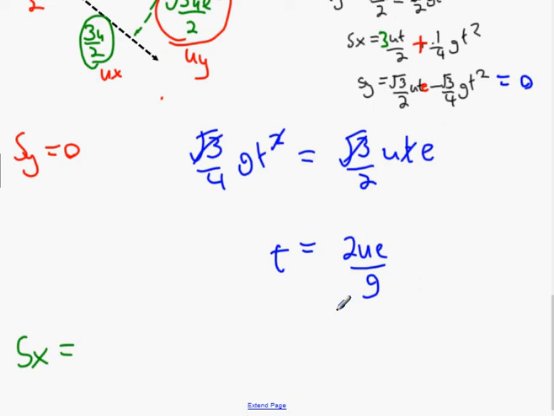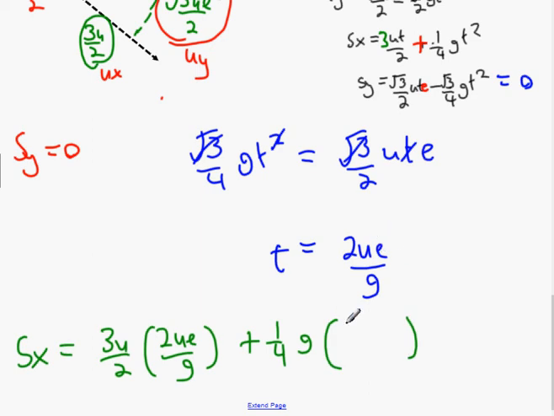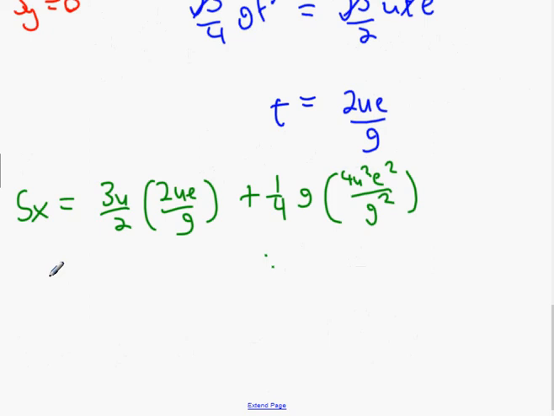Okay, so sx is a range. It's going to be 3u over 2 times t, which is 2ue over g, plus a quarter g. Now we're going to square this, and we're going to get 4u squared e squared all over g squared, and then sx is going to be 6ue all over 2g e squared.